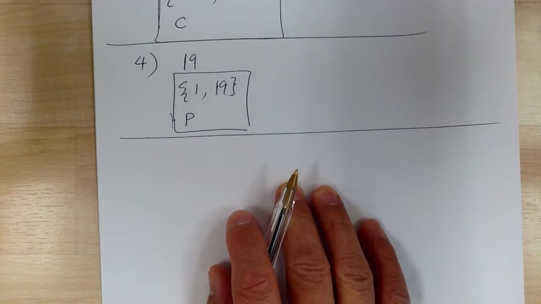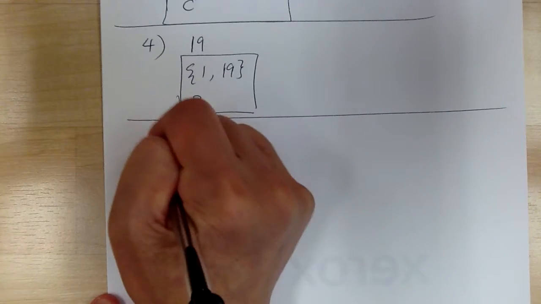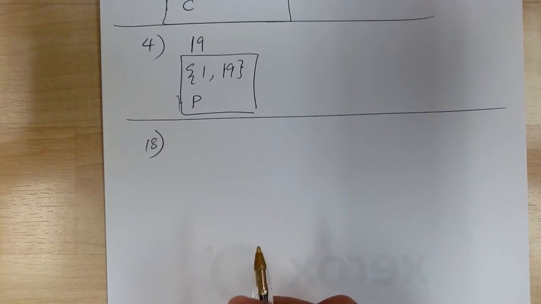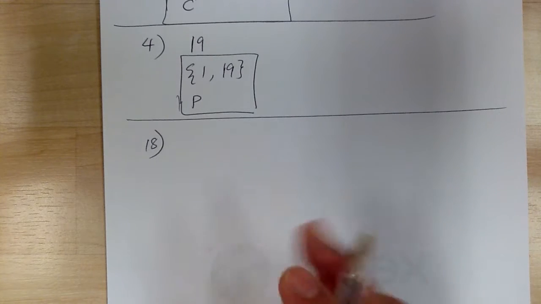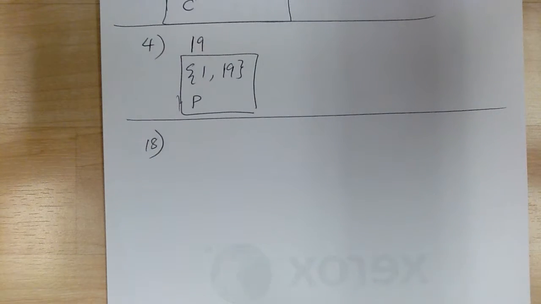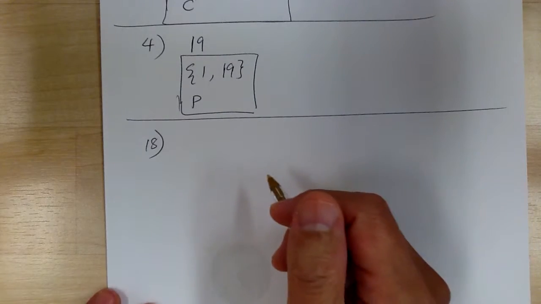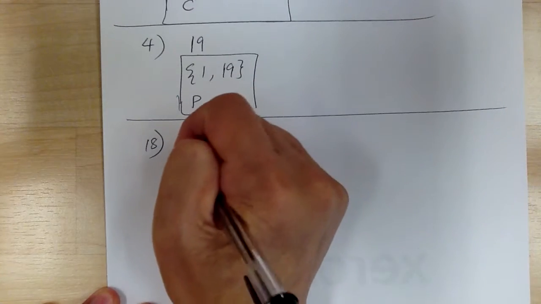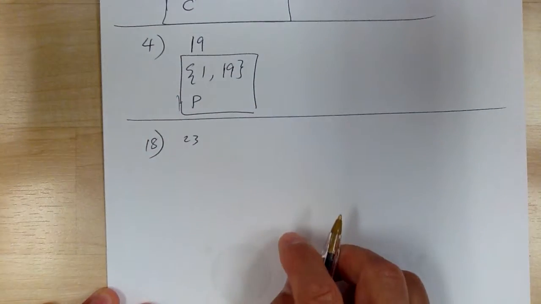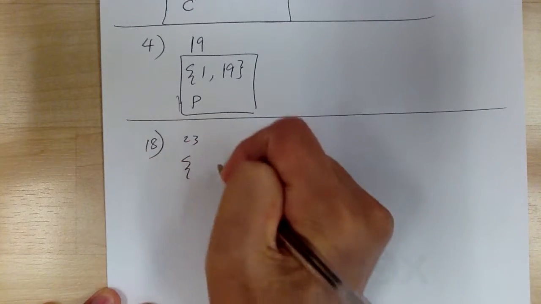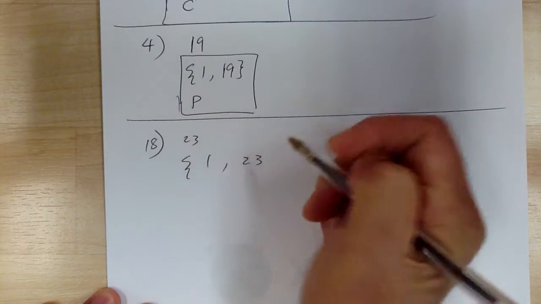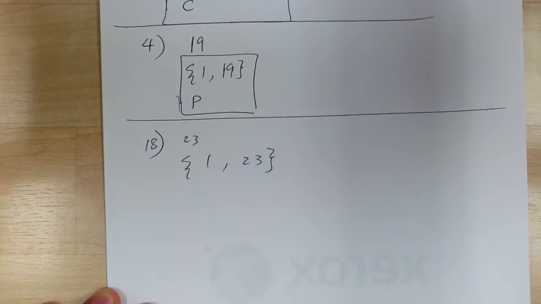Now let's go to number 18. It says find all the integral factors of each number. When it says all, it includes negative numbers. So for number 18, you have 23, right? So all the numbers would be 1 and 23, right? And when it says all, that means you have to include the negatives.